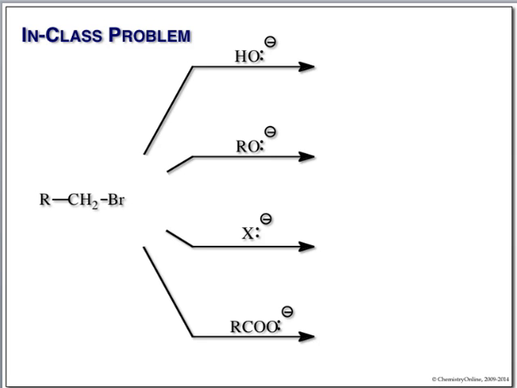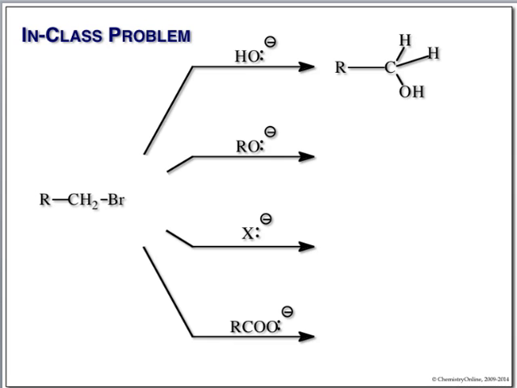Here in our first reaction, our nucleophile is going to be hydroxide anion. The oxygen has the electrons. It is the nucleophilic center. This is our electrophile, and of course bromine is the leaving group. Oxygen will attack, bromine will leave, and we just made an alcohol.